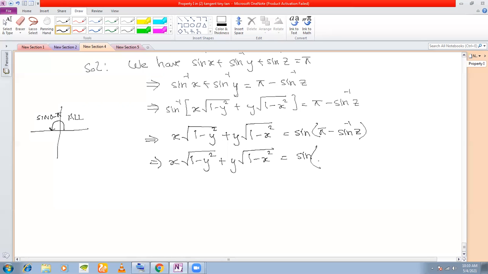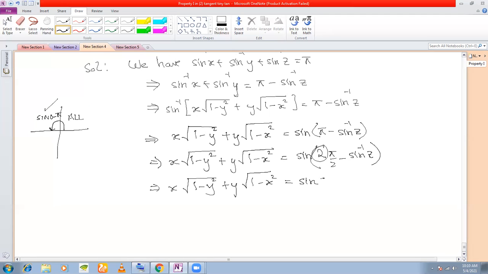Sine twice into pi by 2 minus sin inverse z, right? So that means x root 1 minus y square plus y root 1 minus x square. This is an even multiple of pi by 2, so sine will remain sine. And which quadrant is this in? This is in the second quadrant, right? Pi minus something is in the second quadrant.